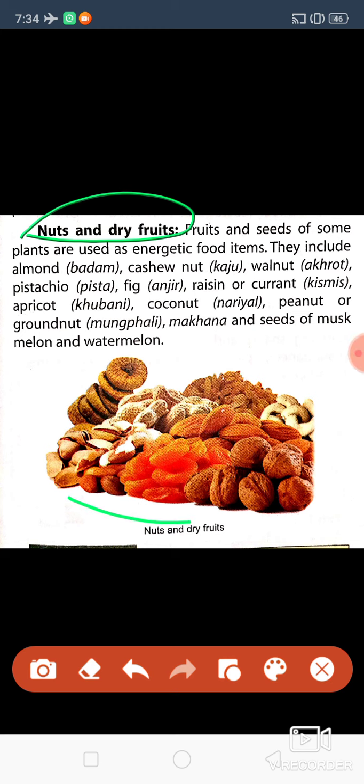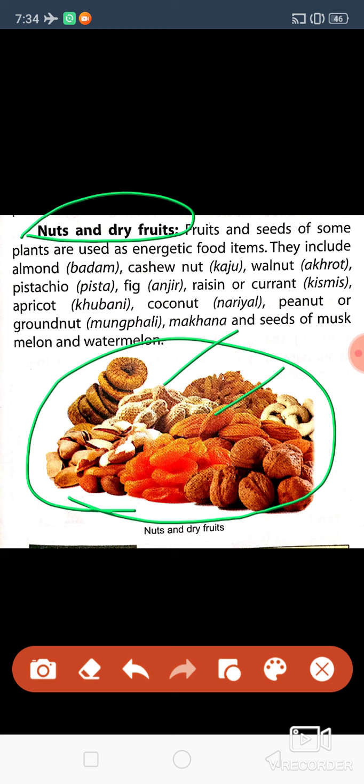These are the seeds of different plants which are used as energetic food items. So, the seeds of some plants which give extra energy to our body are called dry fruits and nuts. Got it?